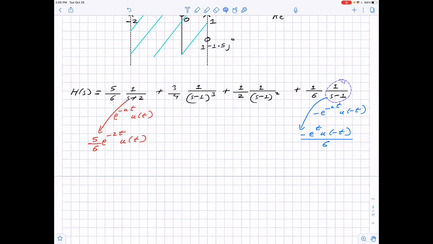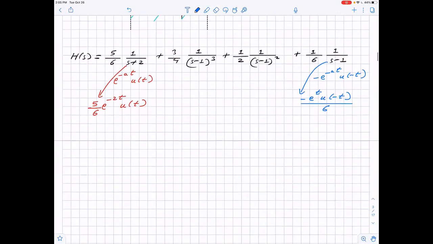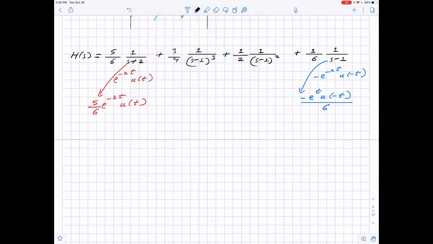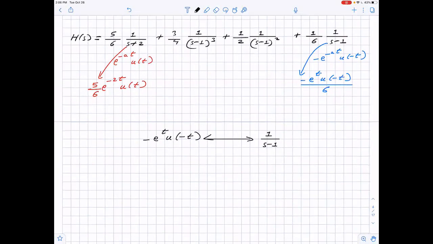What we already know is that 1 over s minus 1 is the Laplace transform of -e to the t u of minus t, and the ROC is to the left of the pole at s equals 1.